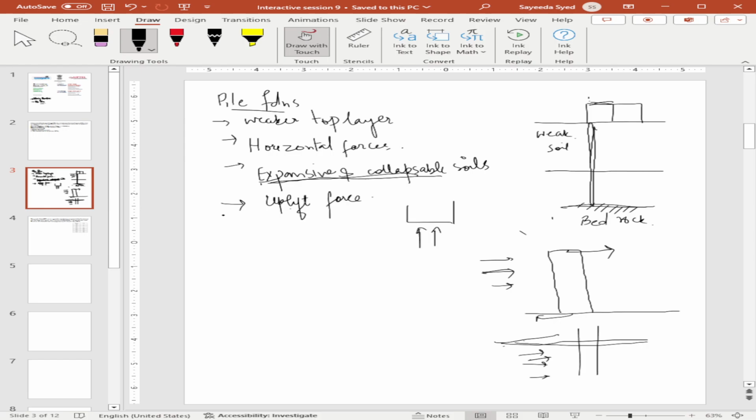So basically, what we are saying is that there are some conditions where shallow foundation is not suitable, and hence we need to provide these pile foundations.